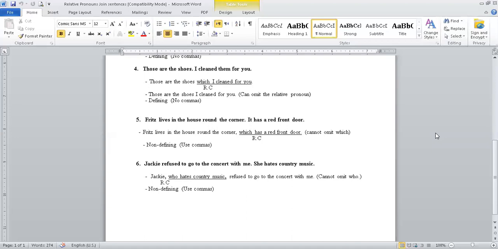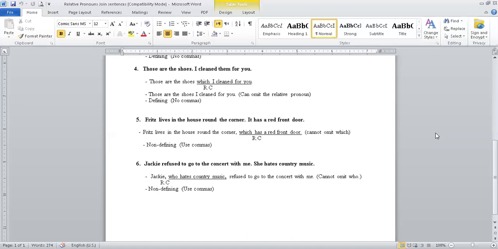But which has a red front door is extra information about the house which is round the corner. Since it is extra information for the first sentence, I separate it with a comma. So the comma should be before the relative pronoun which. It's as if which has a red front door is possible to delete.